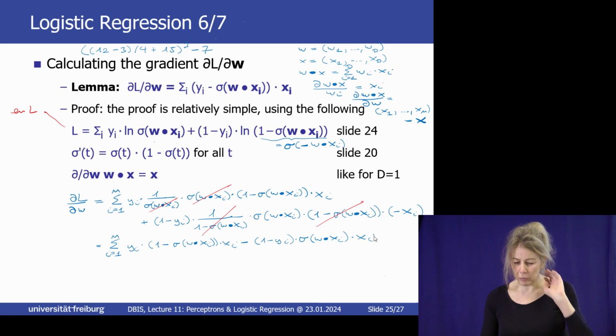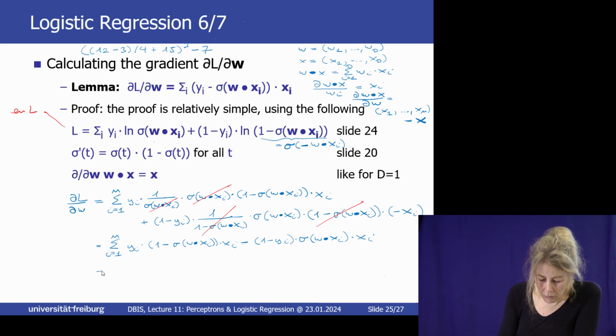And I think more stuff cancels out, I hope, right? Does it? yi minus... Yes, please.